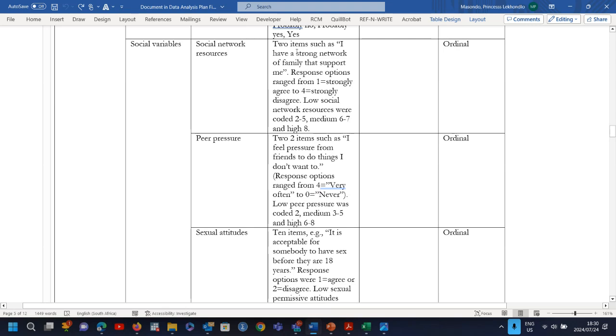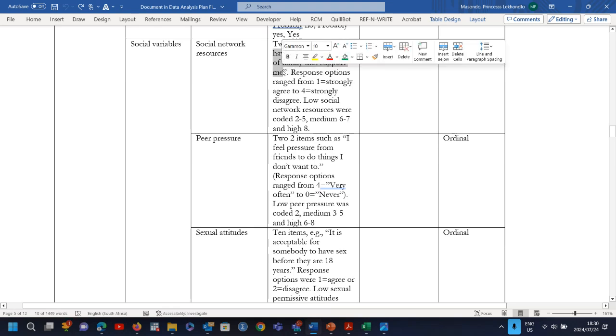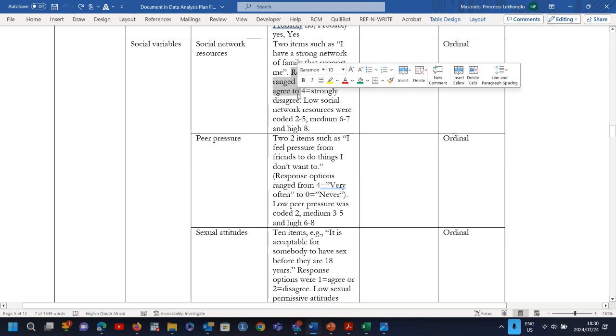For example, with this one, they ask two questions, like, I have a strong network of my family that supports me. Obviously here, it's just this one example that is showing. In your case, you'll have to list both questions if you are using two questions, and you write the response options. It's 1, strongly agree, to 4, strongly disagree.